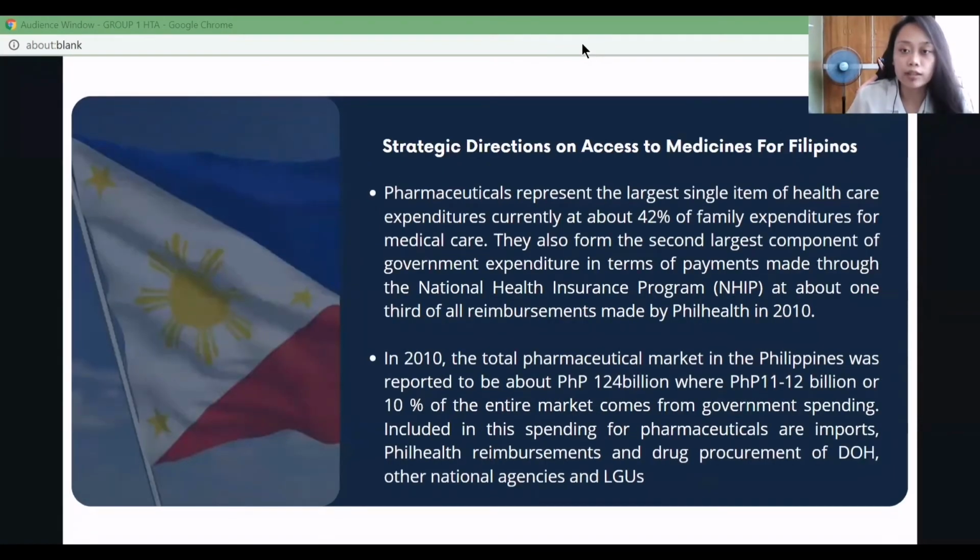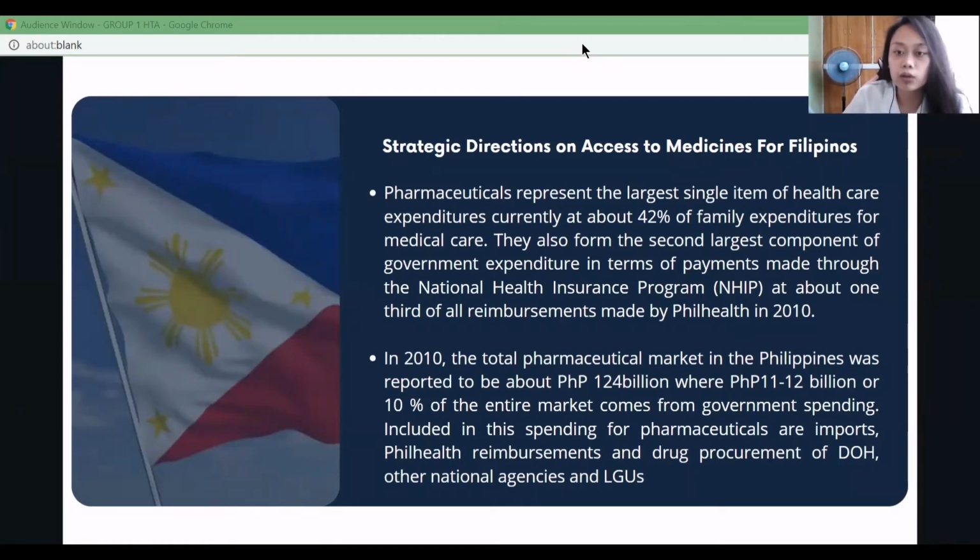Next is the strategic directions on access to medicines for Filipinos. Pharmaceuticals represent the largest single item of healthcare expenditure, currently at about 42% of family expenditure for medical care. They also form the second largest component of government expenditure in terms of payments made through the National Health Insurance Program, at about one-third of all reimbursements made by PhilHealth in 2010.